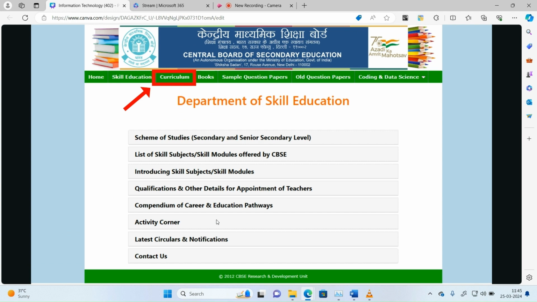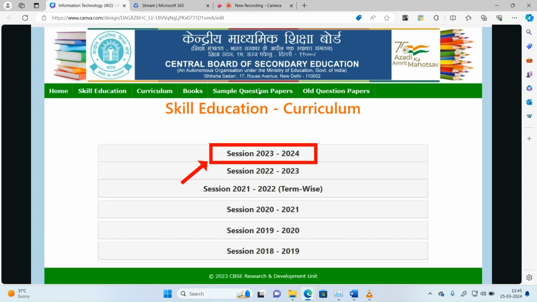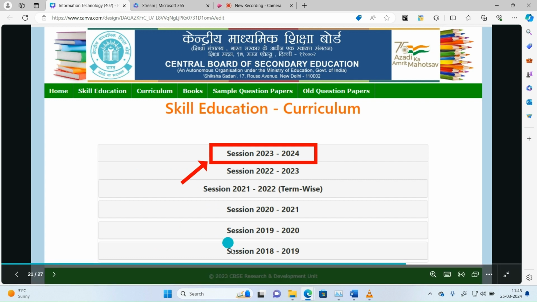And at the top also you can see the menu about the curriculum, books, sample papers, old papers, and various other things. So for checking out the curriculum and syllabus, you have to click on curriculum. Then you'll be taken to the curriculum page, where session wise you'll see the curriculum of the current session as well as all the previous sessions.